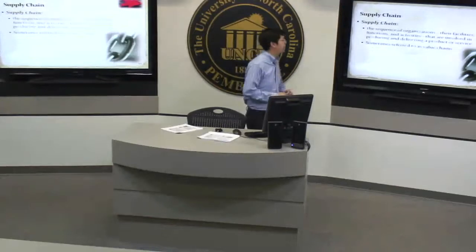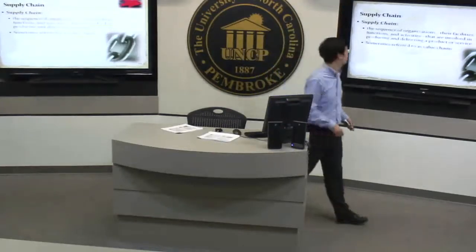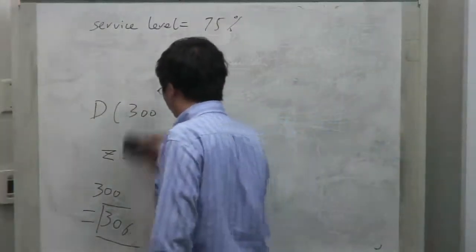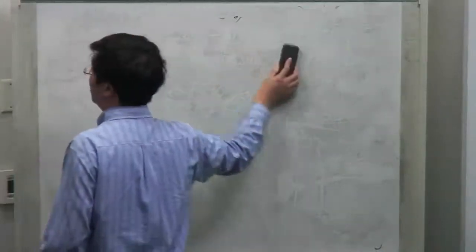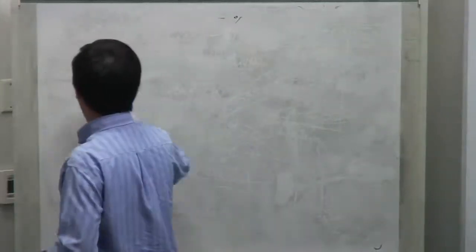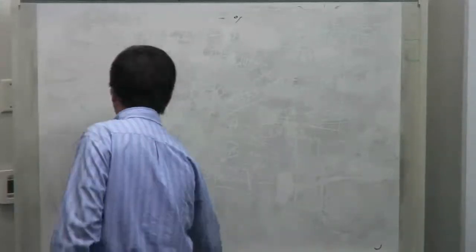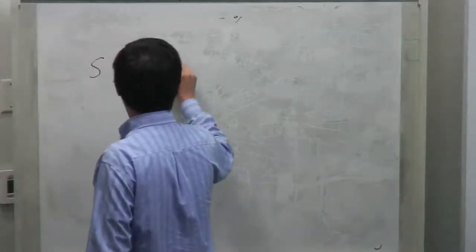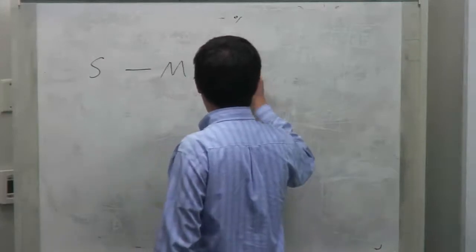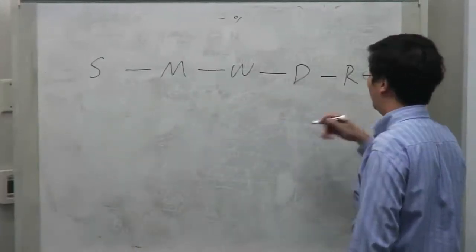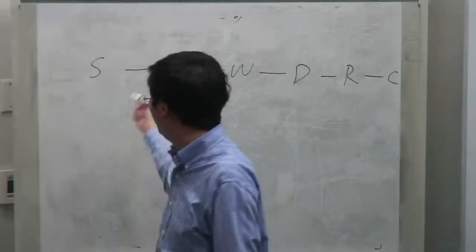Supply chain, by definition, is pretty straightforward. It's a sequence of organizations, as we have become very familiar with. In fact, I mentioned this concept several times, even before we came to this chapter. So it's like supplier, manufacturing, wholesaler, distributor, retailer, customer. You can add some middle players.